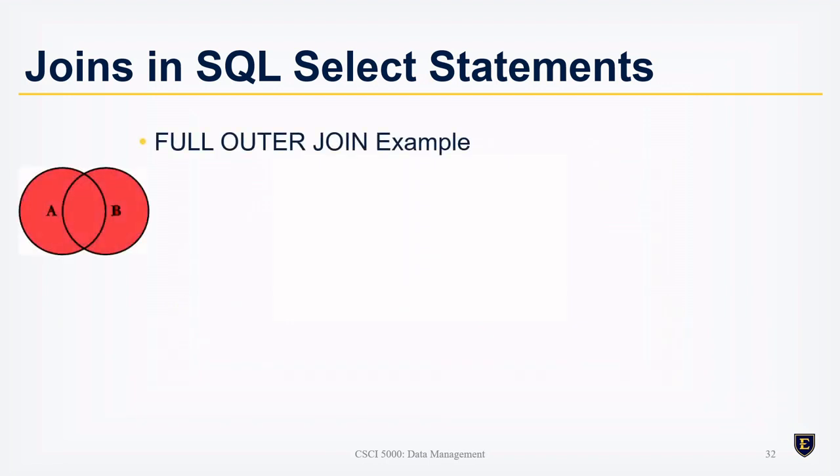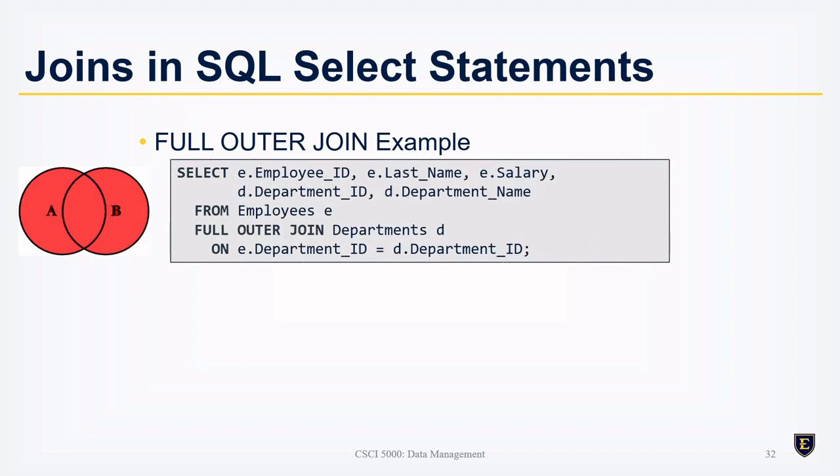Now, finally, let's look at the full outer join. A full outer join says we want all rows from both tables. And if we do this, then what we should see is a combination of everything from table A that matches and doesn't match to table B, and everything from table B that matches to table A and doesn't match to table A. So we see both sides of that in the same result set.